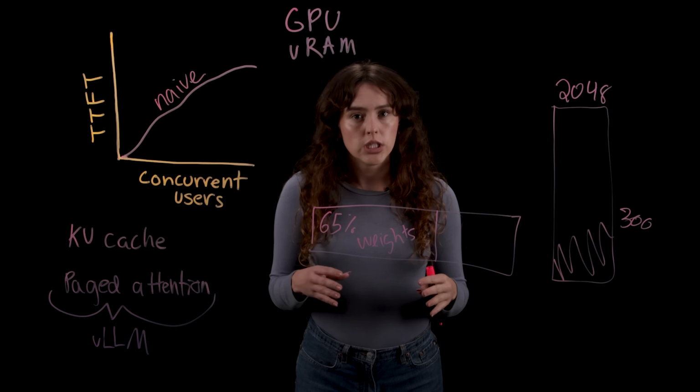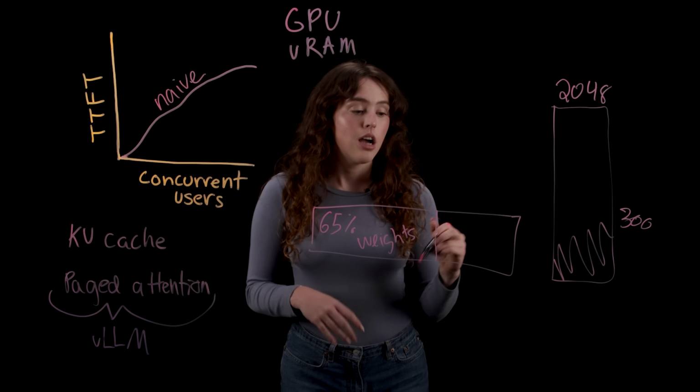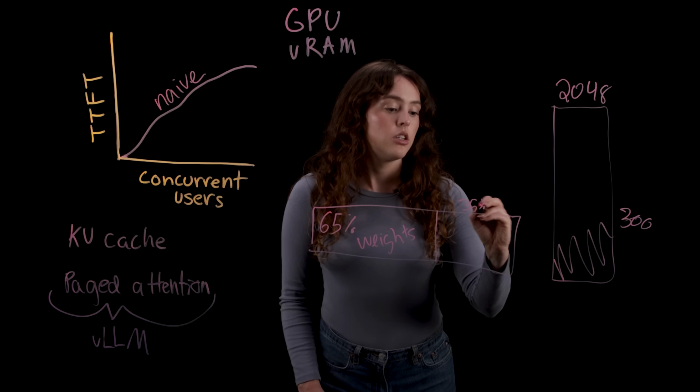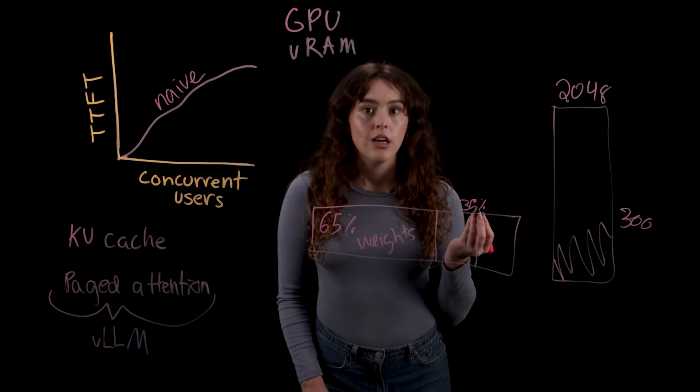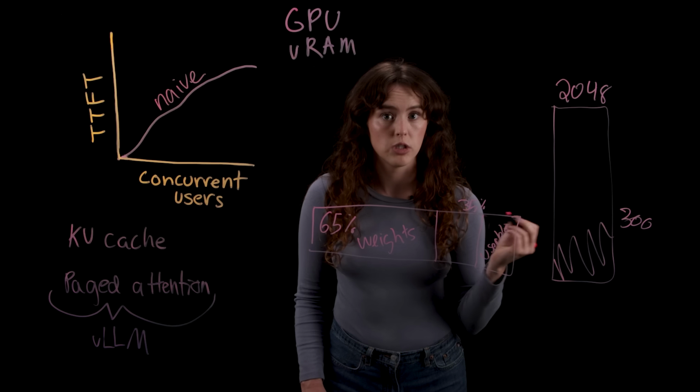So research shows that these traditional systems are wasting about 60 to 80% of this 35% used for KV cache memory, leaving only a small bit actually usable.